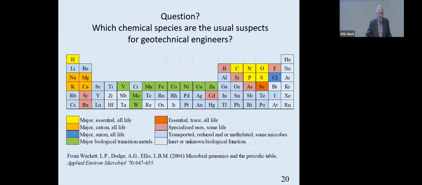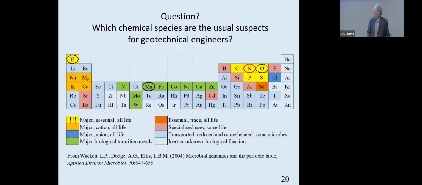So what chemical species are we likely to come across? Well, if we look at the yellows, which are the major essential for all life, then hydrogen and oxygen, well, we know those are going to be in the ground and may or may not cause problems. Nitrogen, we do find problematic in the ground. I'll give you an example.